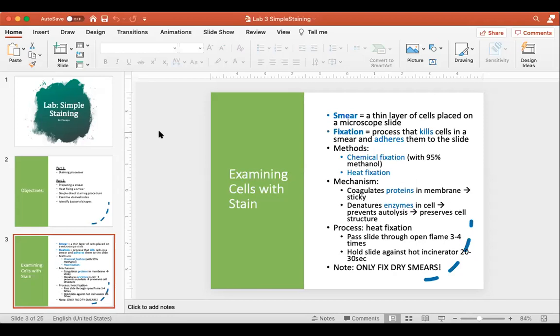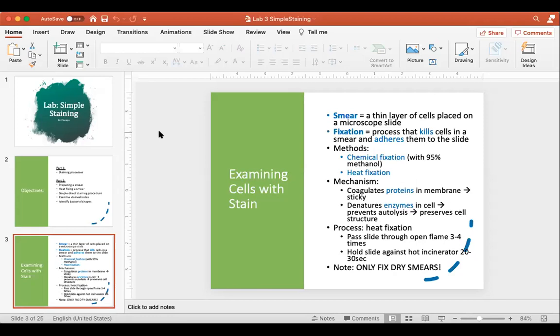And what happens with the enzymes is important, because by coagulating, or to use a more scientific word, by denaturing enzymes in these microbial cells during fixation, it's going to help us prevent a process that could go on, which would destroy the cell.